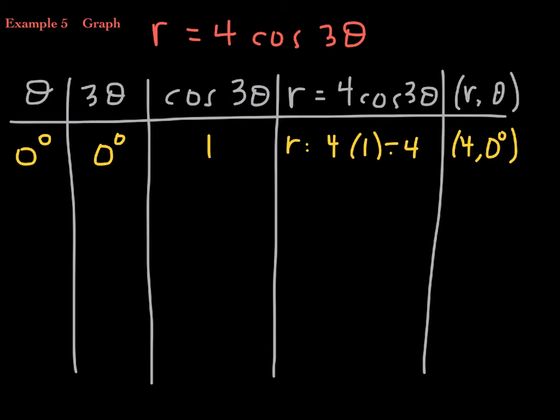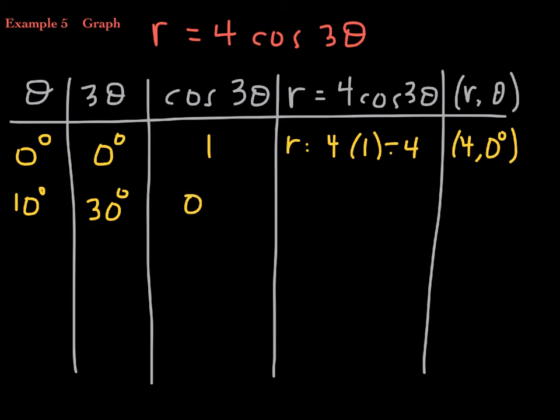Now, if I try to be a little smart here about what I choose next, what if I go for 10 degrees? The reason I'm going for 10 degrees is because if I multiply 10 degrees by 3, 3 theta would be 30 degrees, which is one of my special angles. Cosine of 30 degrees is root 3 over 2, which is 0.9.